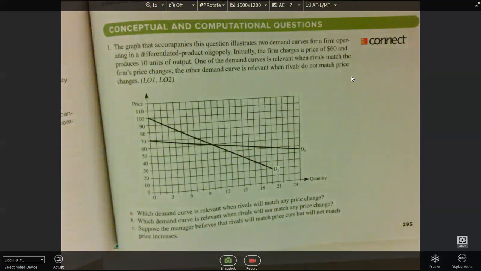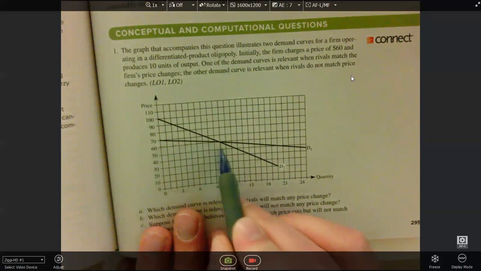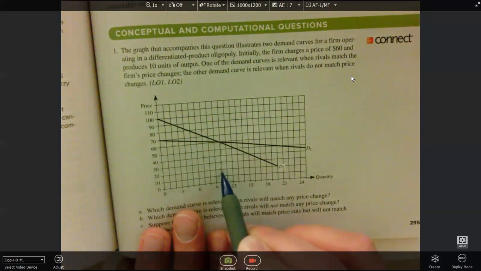Initially, the firm charges a price of $60 and a quantity of 10.